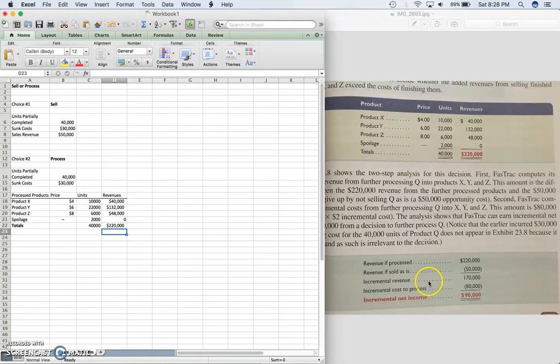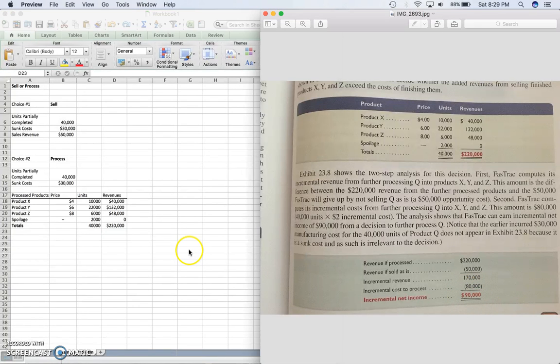So 170 is what we're left with as incremental revenue. Then we have to subtract our incremental cost to process, which is our 40,000 units times the $2 per unit, which is 80,000. Subtracting that from our incremental revenue equals our incremental net income, which is 90,000.